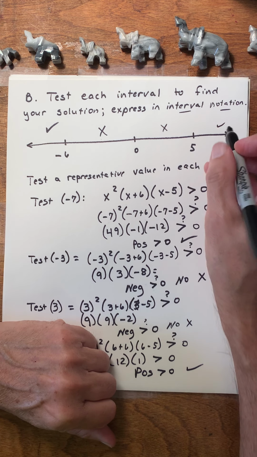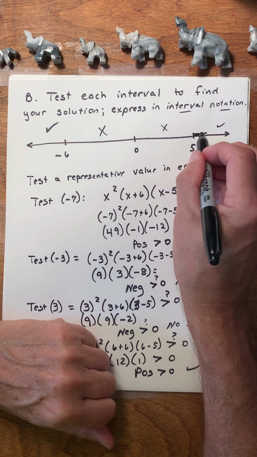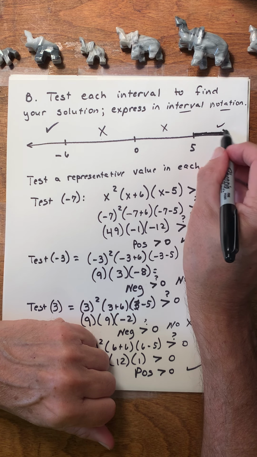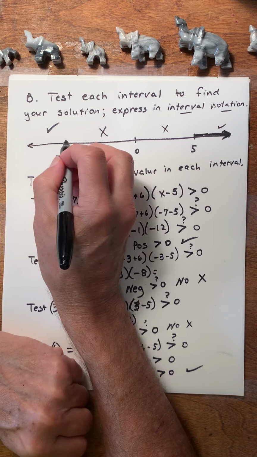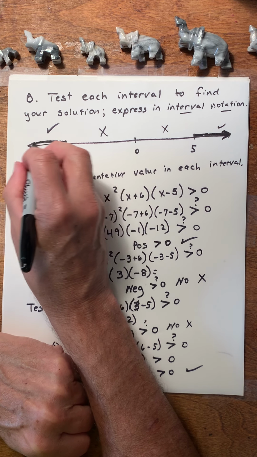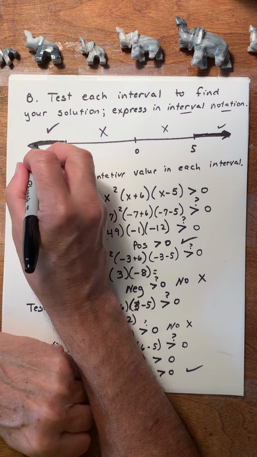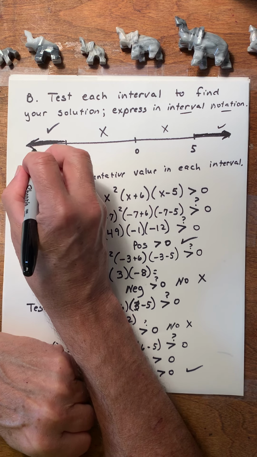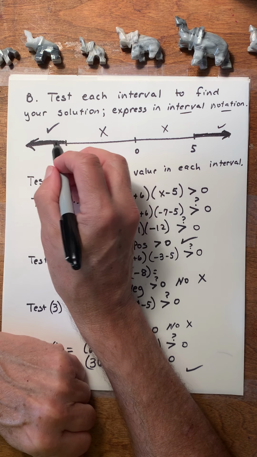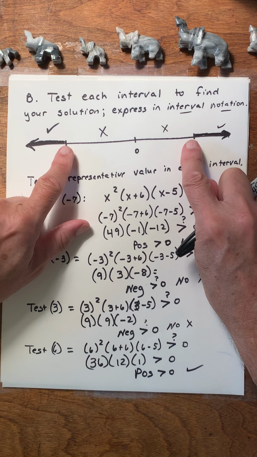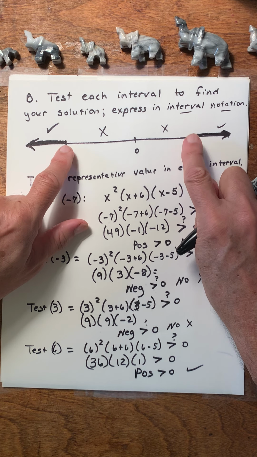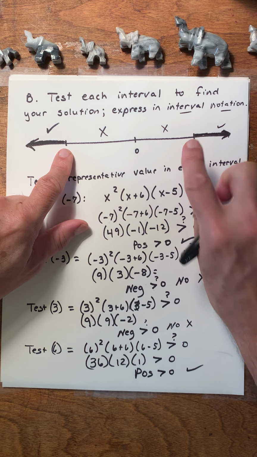So this is a good section, this whole thing, all the way to infinity. And this is a good section, all the way to negative infinity. Important question. What ending markers do I put here? Brackets or parentheses?